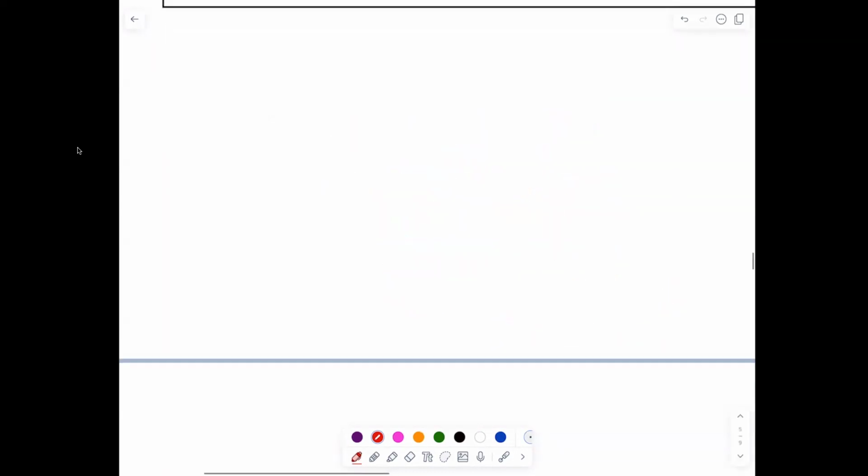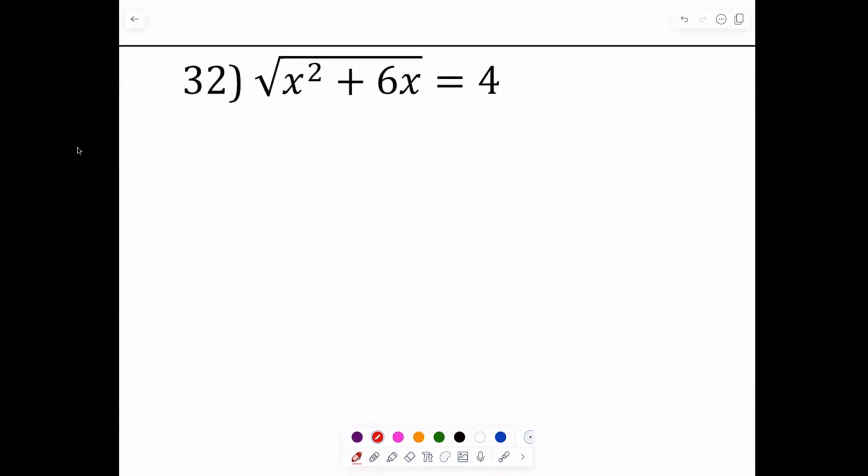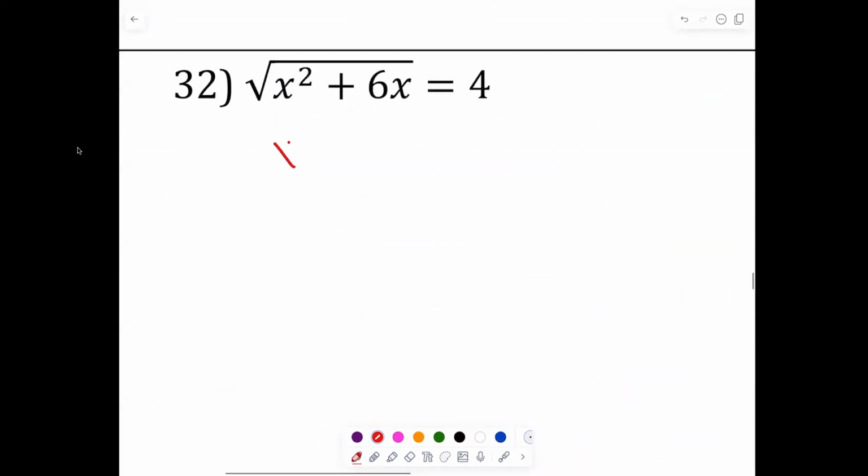All right, let's have some more fun. 32, what do I do to both sides? Square both sides. x squared plus 6x equals how much? 16. Quadratic, so I have to set it equal to 0 and factor.